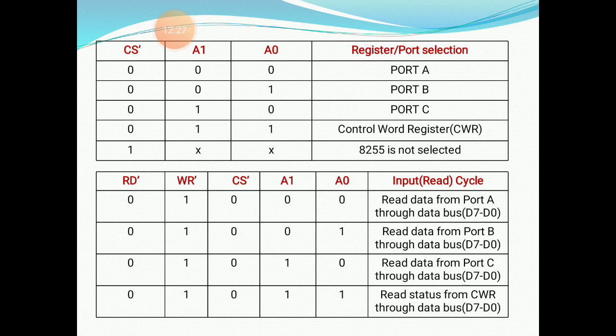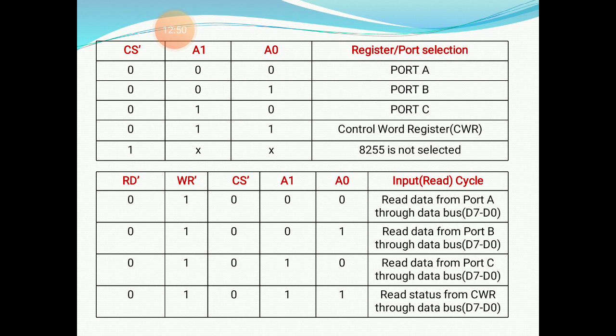Initially, the read bar signal is 0 and the write bar signal equals 1. Depending upon CS bar, A1, A0, the processor reads data from port A, port B or port C, or reads status from the control word register using 8 data lines D0 to D7.